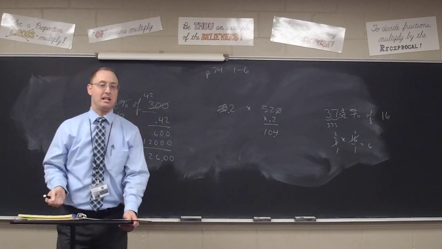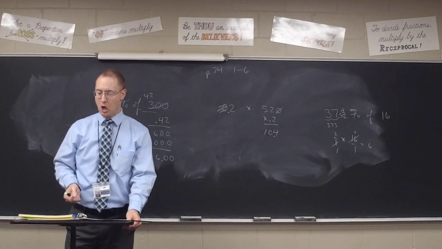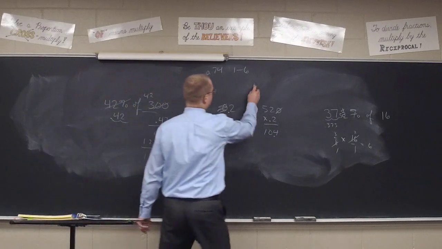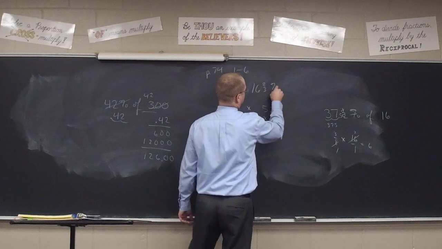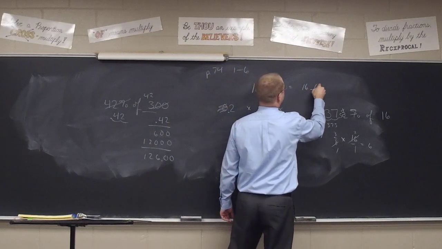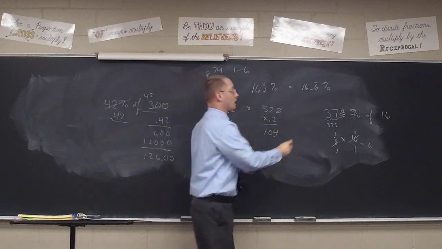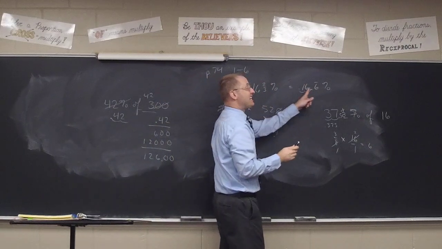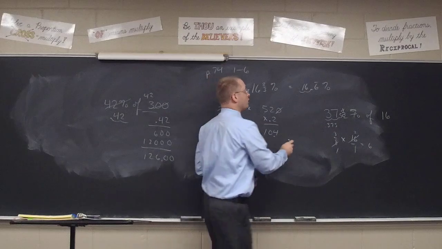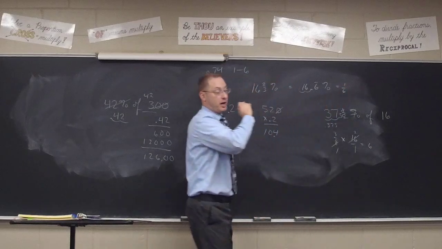If there's a repeating decimal, you can't go with a decimal. You're going to have to change 16 2/3%, or 16.6 repeating percent, to what fraction, class? 1/6 is 0.16 repeating. You're going to have to go with a 1/6 on a problem like that.